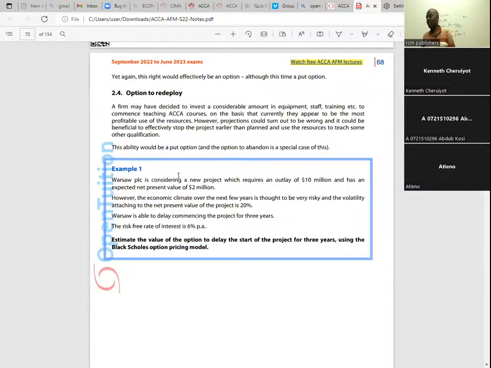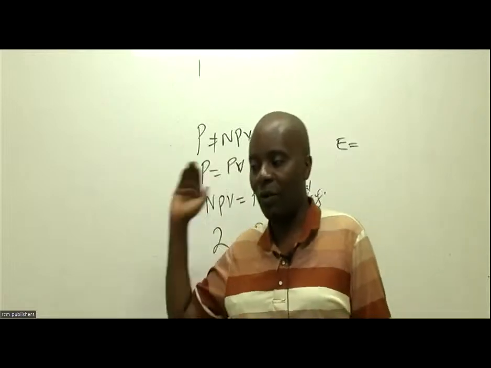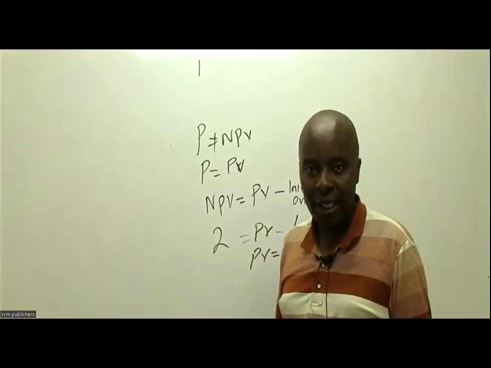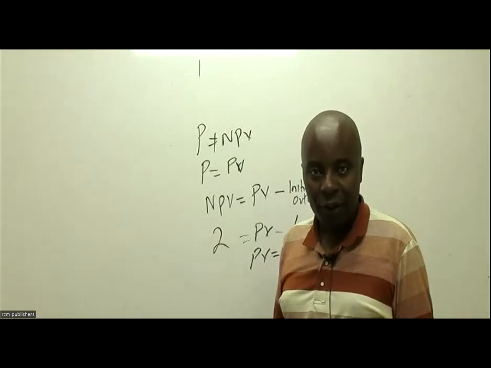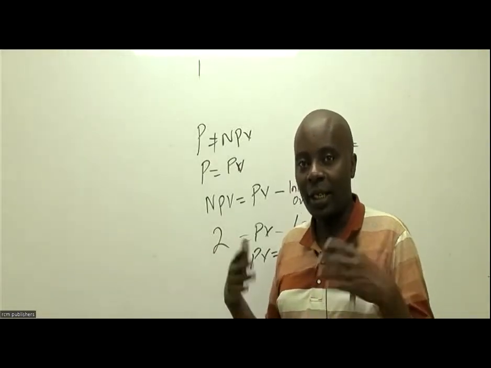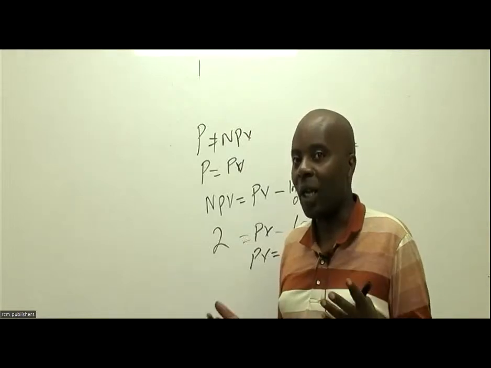So the key thing you have to be careful about is what the exercise price is. Whenever you're not given any other value, in the other question they gave us a value of 150, here there is no other value in between. So the exercise price is the initial outlay. After all, even if they were to delay this for 3 years, they'll still be required to make that initial outlay.